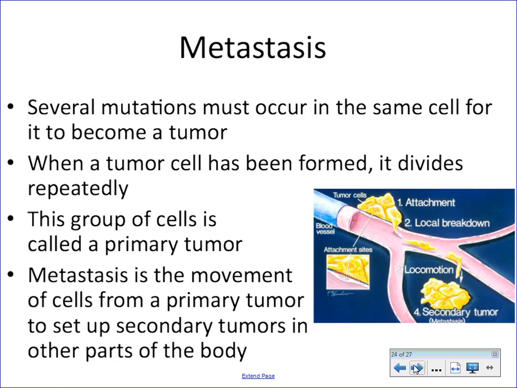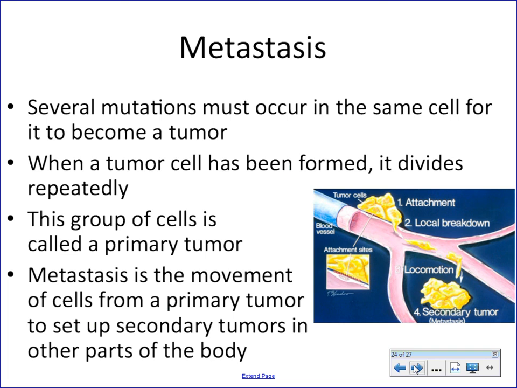Ultimately, you can get the formation of a primary tumor that is malignant, and at some point a portion of that tumor can break away and enter into the blood vessel where it can spread.